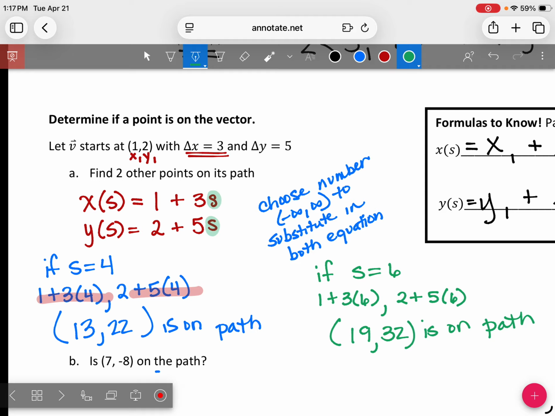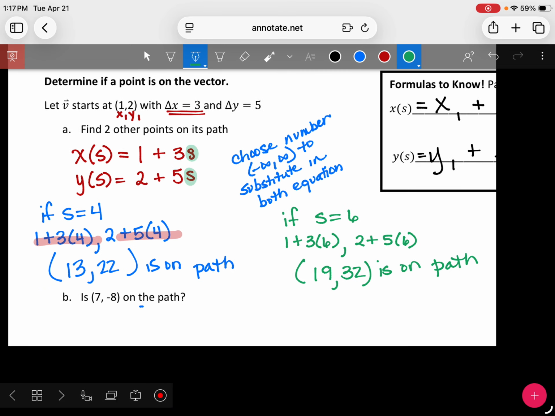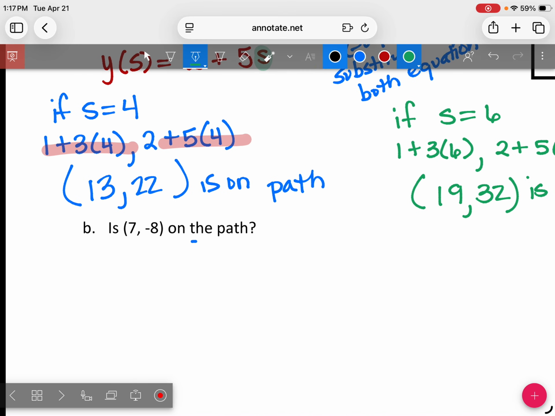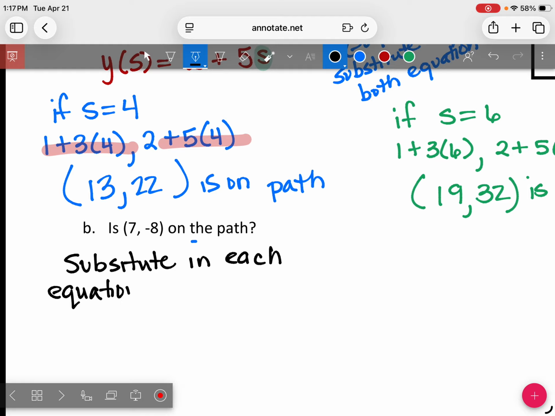All right, last question. Part B. So now they gave me an ordered pair, and they want us to figure out if it's on the path. So the way we do that is I substitute in each equation and solve it for s.